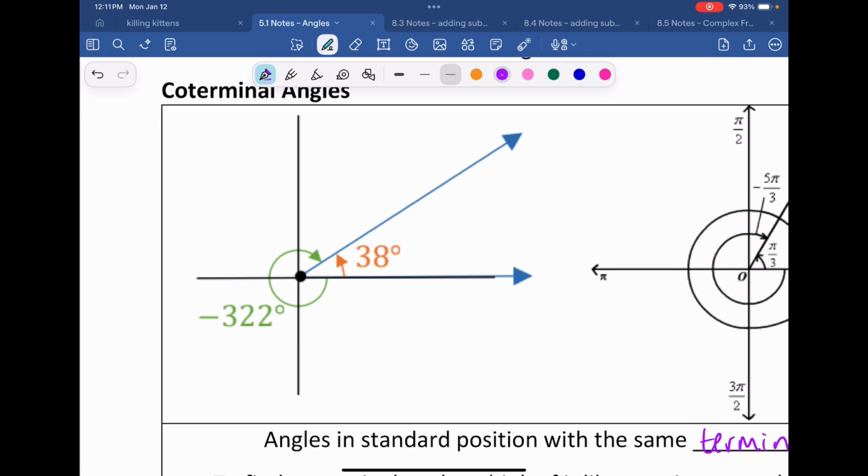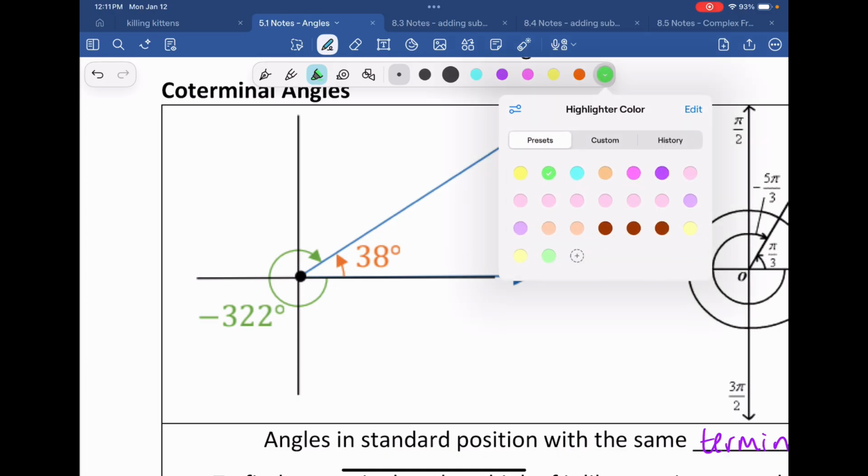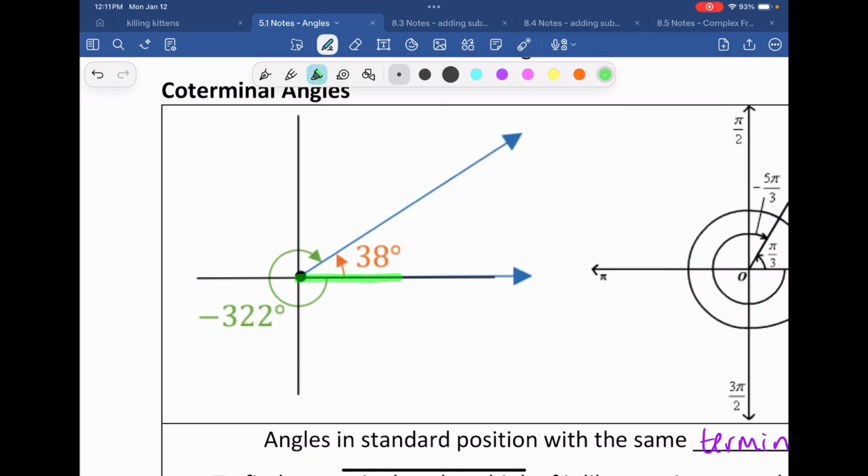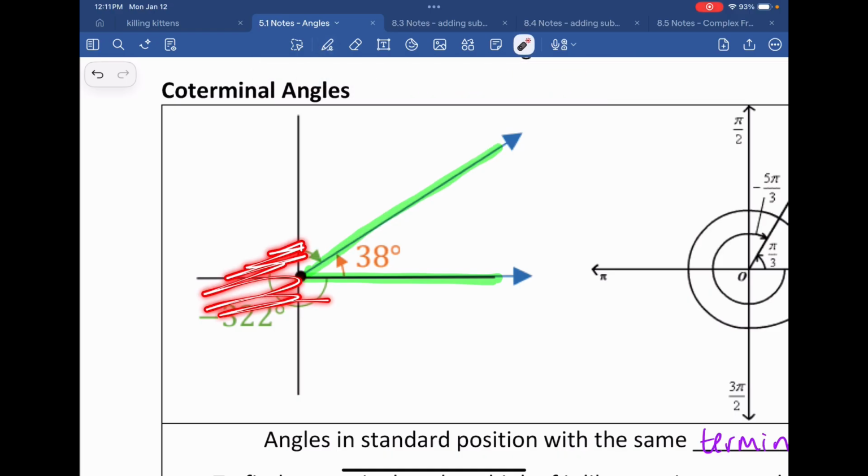This one's a really good example of this. All right, initially, here's my initial side right here, and there's my terminal side. If I didn't see any of this, oh, that's easy. My angle is 38 degrees. But that's only one option.